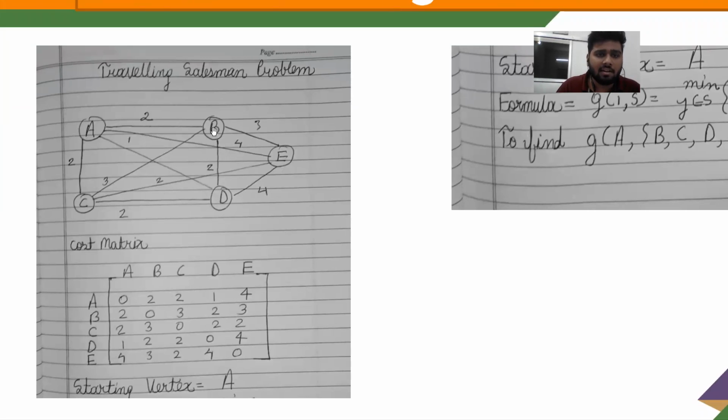We can also move to A by B to D, then D to A. So we can make one combination as B comma D. Why B comma D?